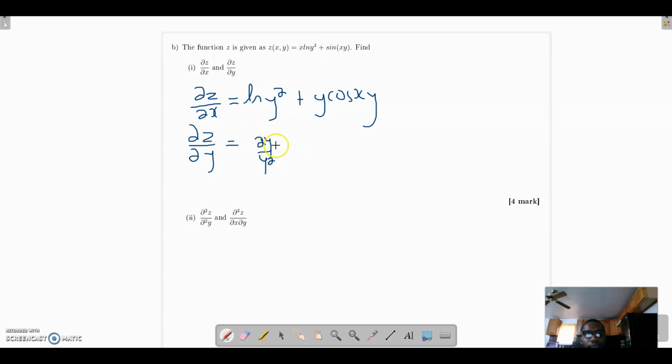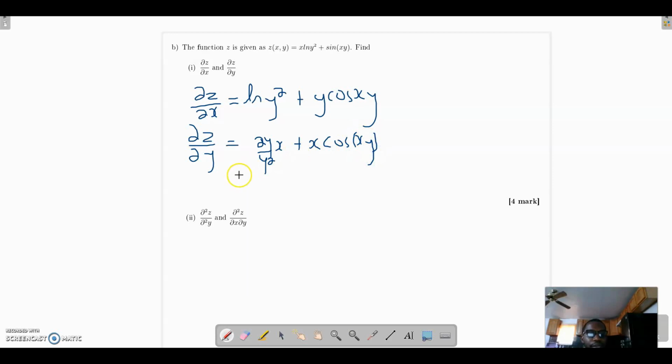The x will come back, so times x. Plus, when you differentiate sine xy, the partial derivative with respect to y, the x again is a constant. So you differentiate the xy, which means you differentiate the y term, which is going to leave you with x. So the x will come to the front. And of course, the derivative of sine is cos. So you have cos xy.